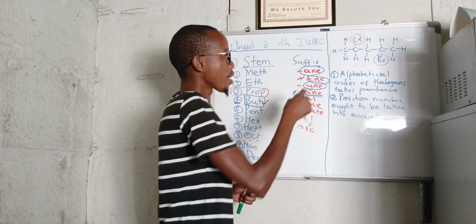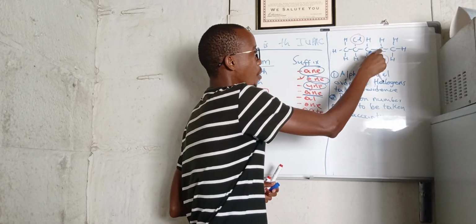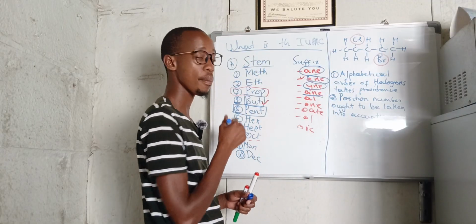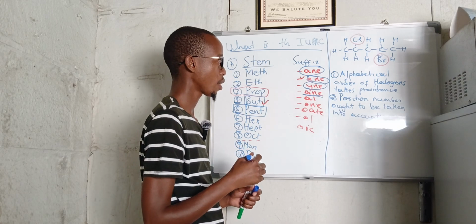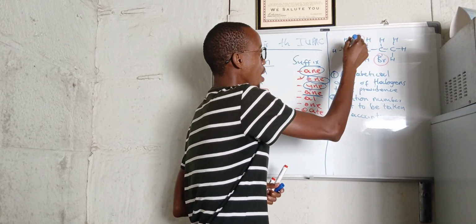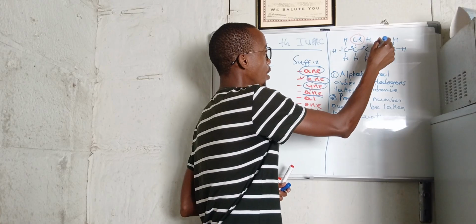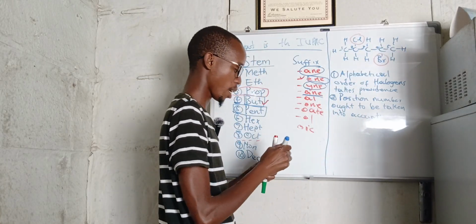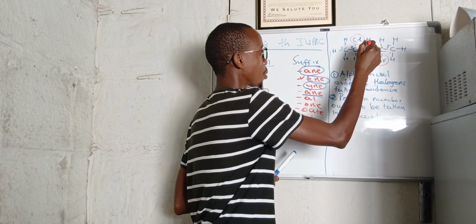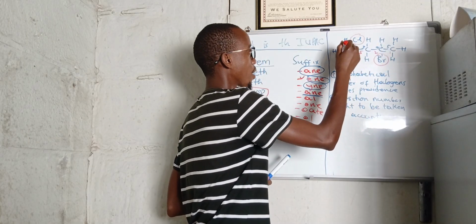Now, how many carbons are there? 1, 2, 3, 4, 5. I have 5 carbons, meaning the stem is pent. Cool. Now I'm going to write two names. Let me start counting from this side, 1, 2, 3, 4, and 5. And then I'm going to start counting also from this side, 1, 2, 3, 4, and 5.